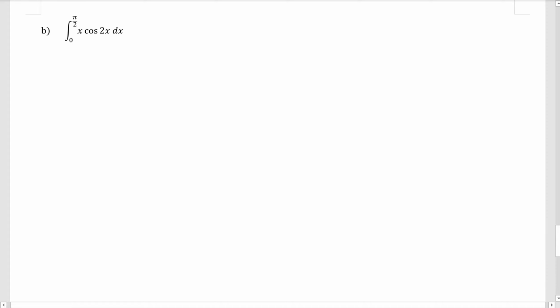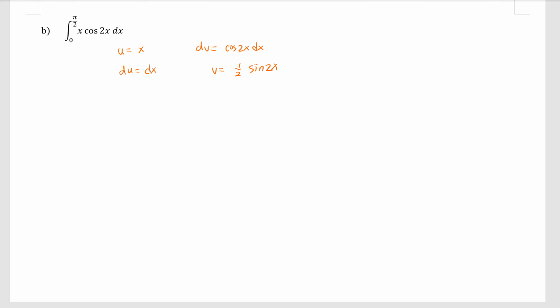Okay, so this problem, what do we want to let u to be? Remember polynomial times sine and cosine, so you just let u be the polynomial, and then whatever is left is gonna be the dv. So du is dx, v is the integral of that, so 1/2 sine 2x.